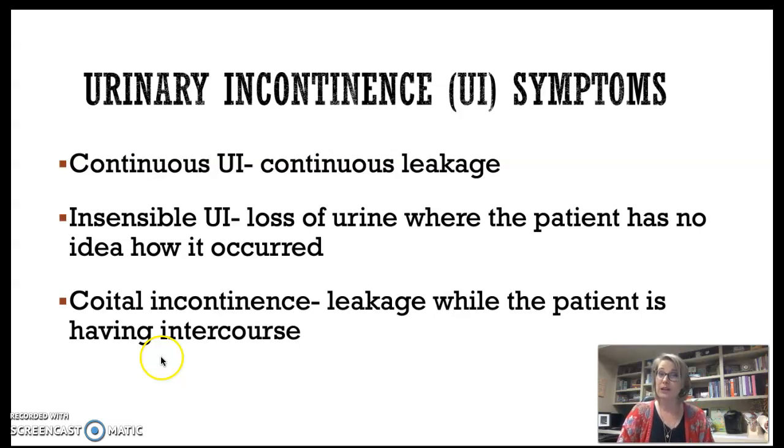So one really good way to tell if someone is actually leaking urine during sex, which is the definition of coital incontinence, is to do the AZO standard test, or over-the-counter Pyridium. You can get AZO, A-Z-O, at your local pharmacy. And this is typically taken as a bladder analgesic.